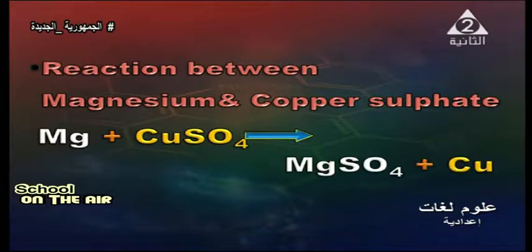The blue color of copper sulfate will disappear because magnesium substitutes copper in its solution, and the products of this chemical reaction are MgSO4, magnesium sulfate, and copper as a reddish precipitate.